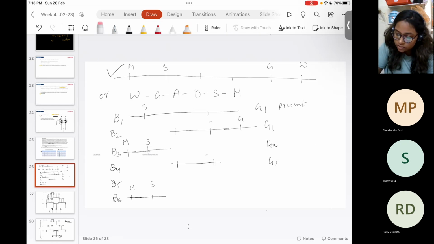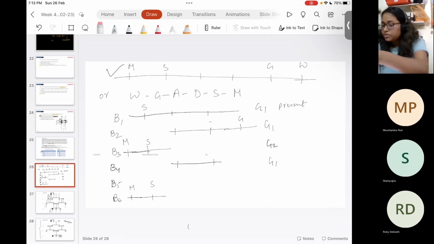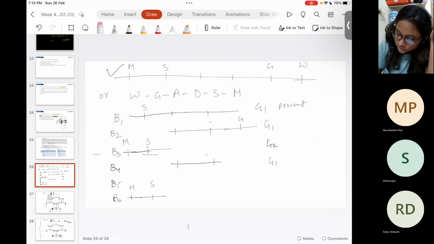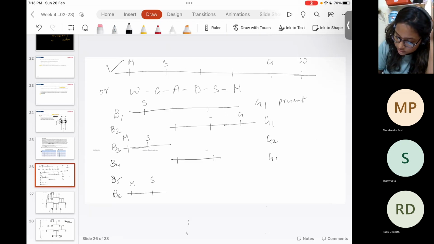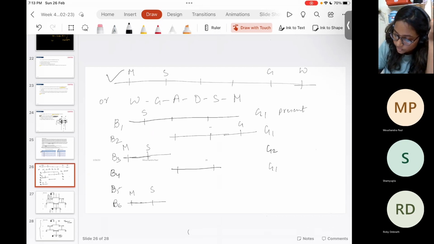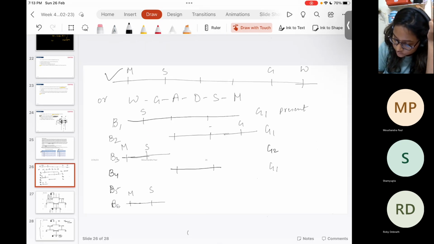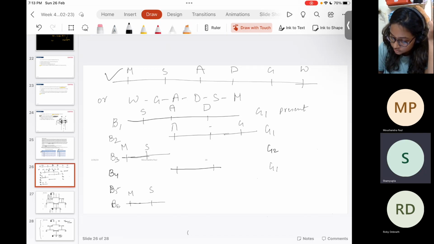The correct order would be, here it will be A and here it will be D actually, which I have missed in my previous order. A, D.